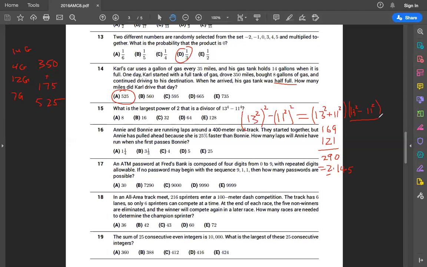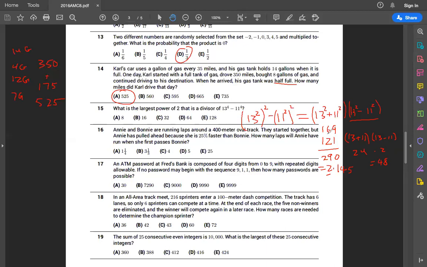And for this other term, we could use subtraction. We could also apply the difference of squares again, which I will do just to show that again. So it would be 13 plus 11 times 13 minus 11. And that's 24 times 2, which is 48.